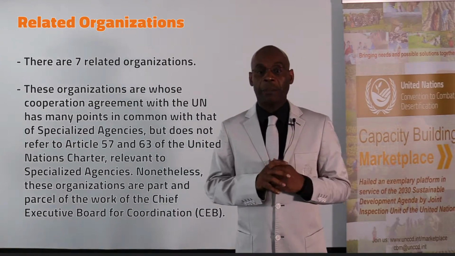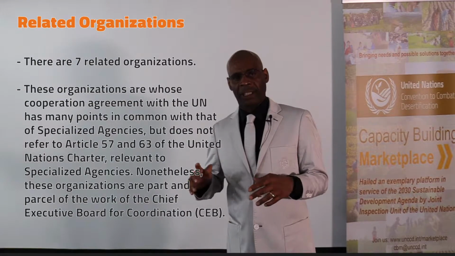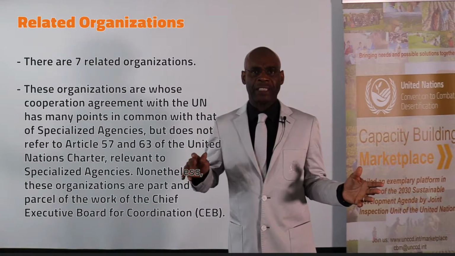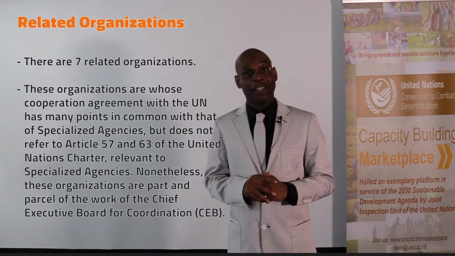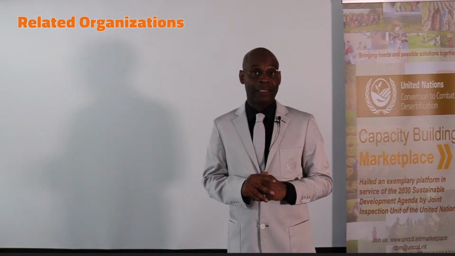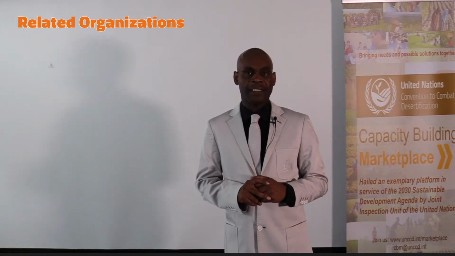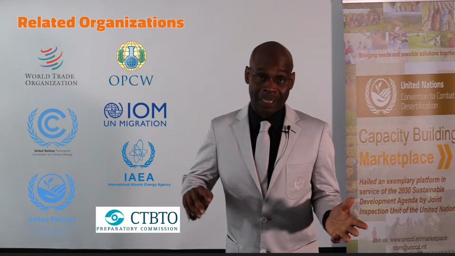Most of these are bodies which fall in one way or the other under the executive board of the United Nations. Such bodies are, for example, the United Nations Convention to Combat Desertification, and also UNFCCC, the United Nations Framework Convention on Climate Change.